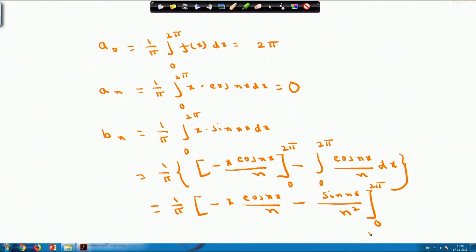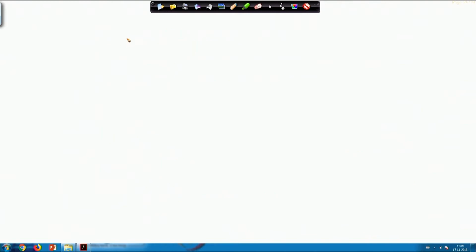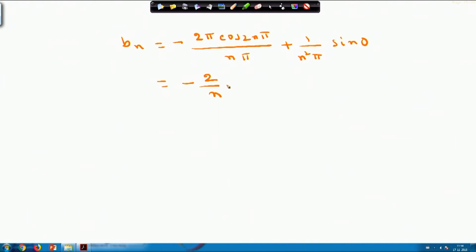So, if I evaluate the limit, I will obtain b n equals minus 2 pi into cos of 2 n pi by n pi, plus 1 by n square pi into sin 0. Sin 0, this term will vanish, and pi will be cancelled, cos 2 n pi is 1.